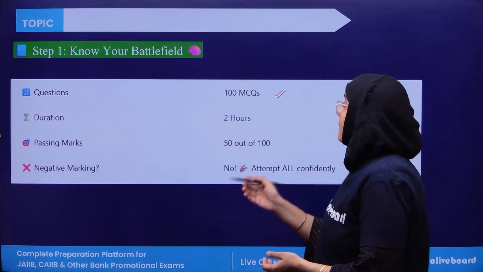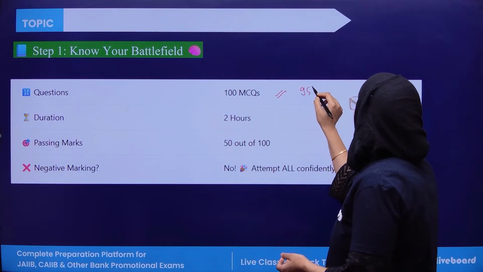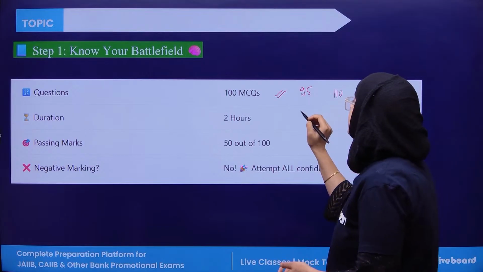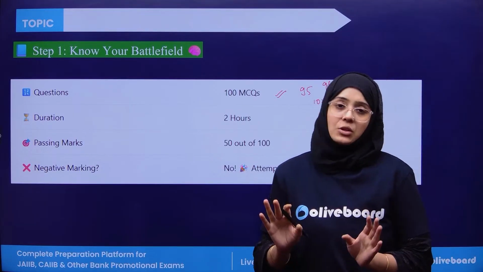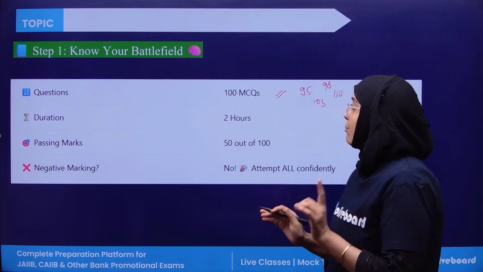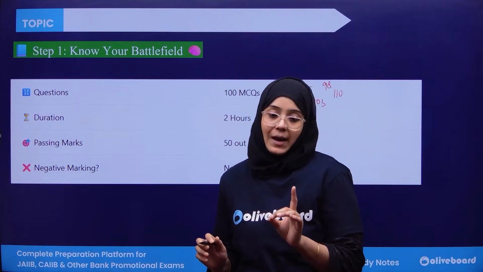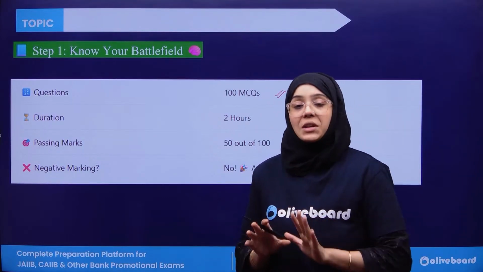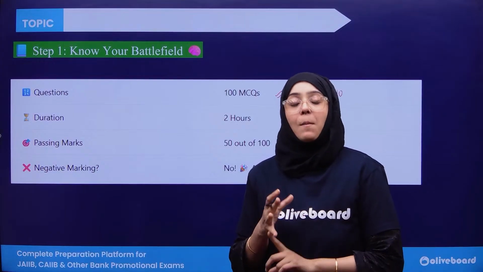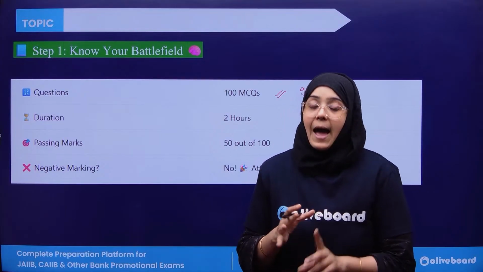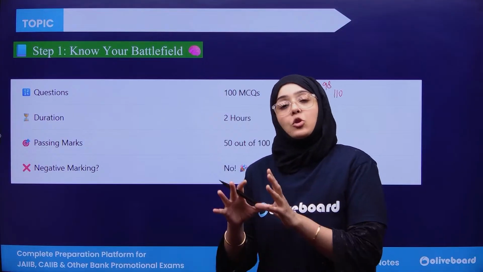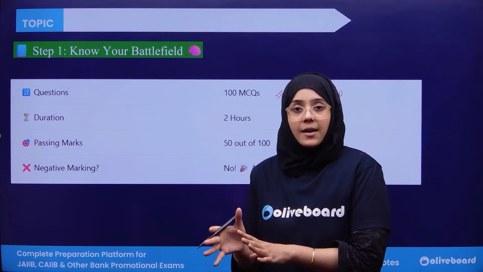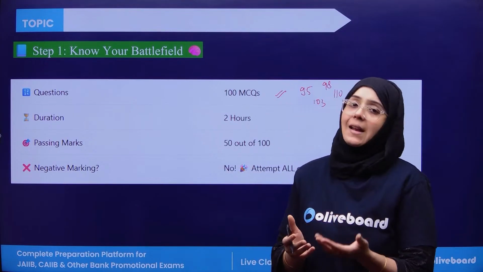Sometimes the MCQs can be 95, sometimes 110, sometimes 103, or 98, but the total number of marks will be 100. The maximum marks will be 100, and the number of MCQs is usually set at 100, but it can be more or less than that.